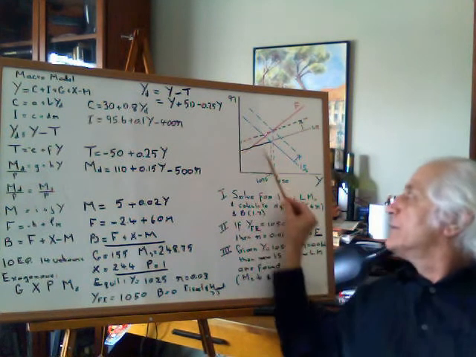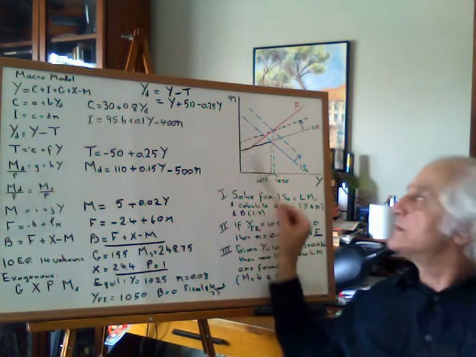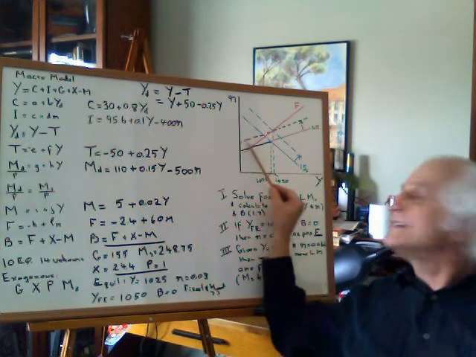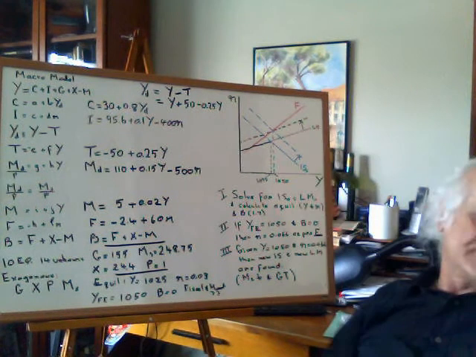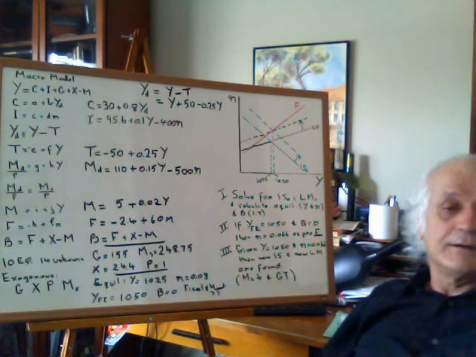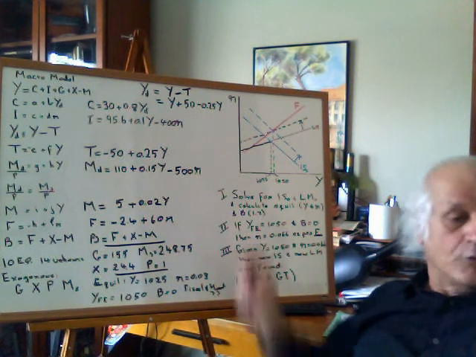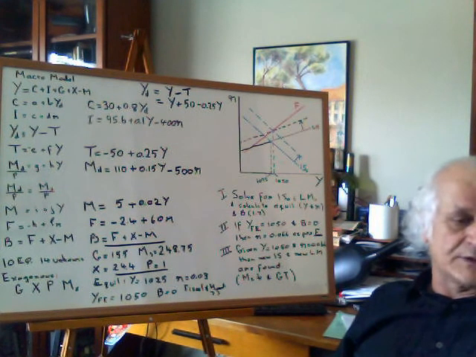That's to say, the monetary authorities, the central bank, the Federal Reserve in the United States, will have to decrease the money supply in order to raise this interest rate. And again, I can plug in all of these variables to find out what must happen.